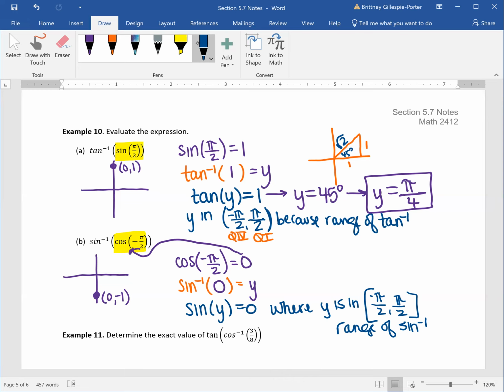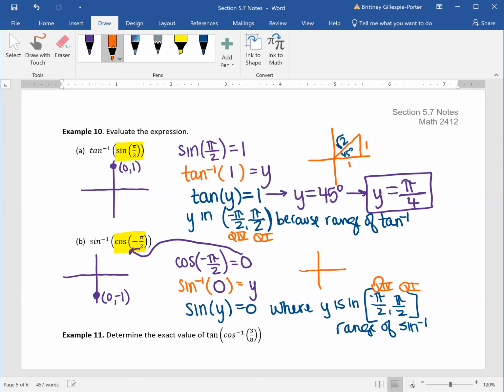Okay. So let's figure out where sine is 0 when we're working with quadrant 4 and quadrant 1.